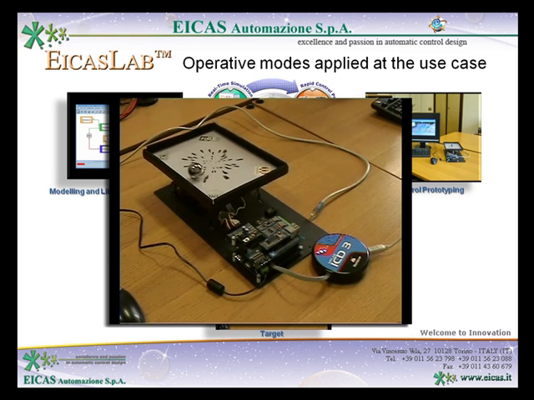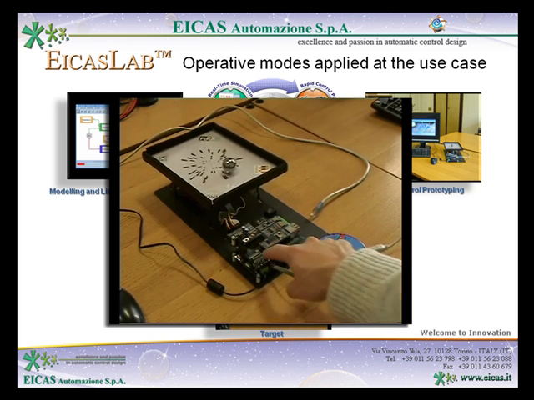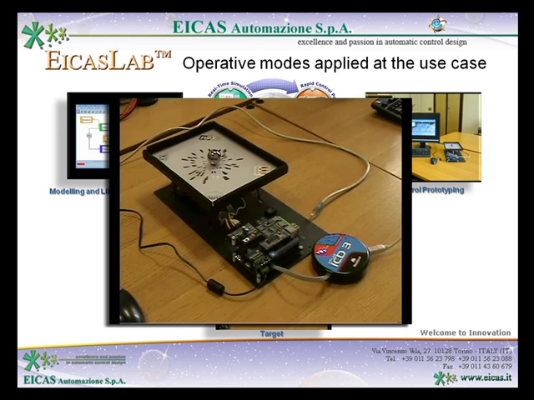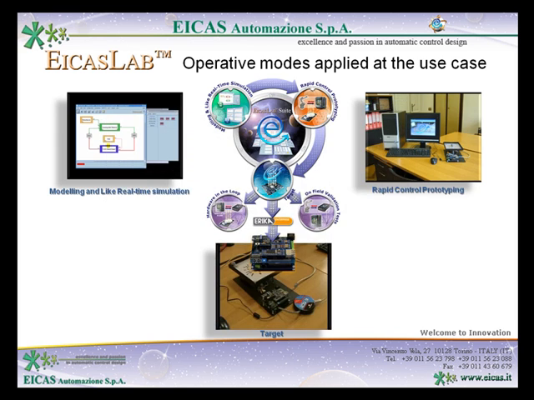This operative mode can again be exploited by using the above-mentioned EICASLab RCP platform, suitably connected with the final hardware target. In the next webinars, each operative mode carried out on the Evidence Amazing Ball platform will be detailed separately.